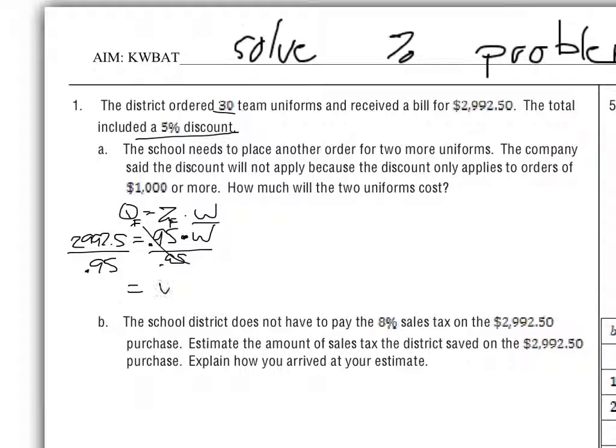When I do that, that tells me the whole original price was $3,150. Now, that doesn't necessarily help me figure out how much 2 uniforms would cost. If the whole set of uniforms was $3,150, there were 30 of them, I need to find the individual price of each uniform. Go ahead and determine the individual price of each uniform, and then once you've done that, go ahead and figure out how much the 2 uniforms would cost in total.